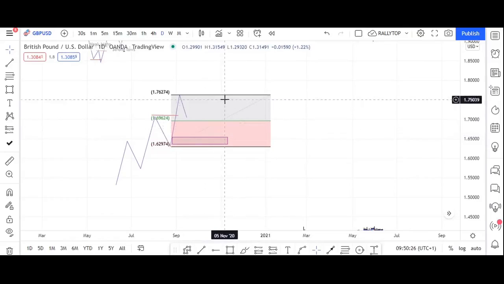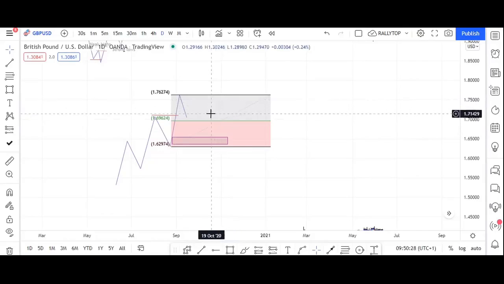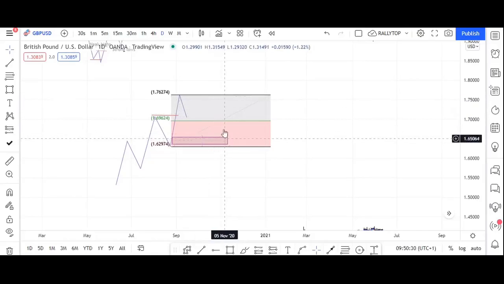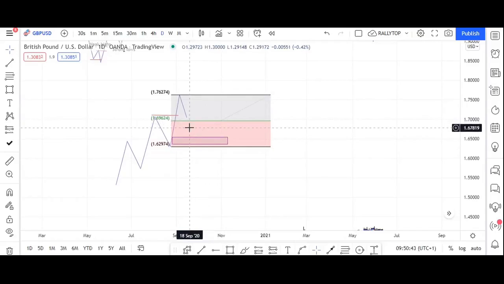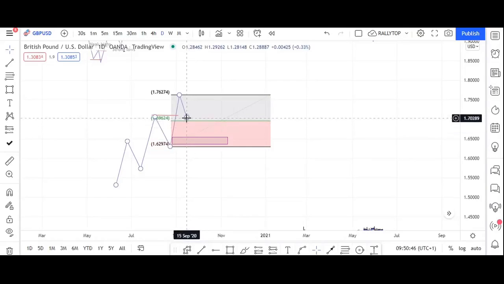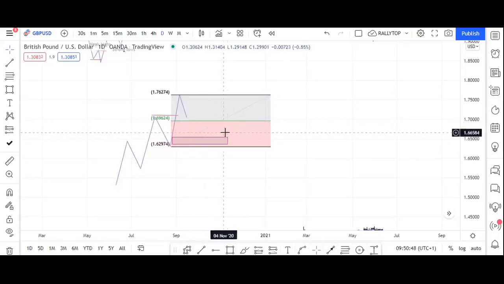Now, once you have identified your trading range and you have gotten your 50% fib level, you wait for price to break down through your 50% fib level because you want to buy. So you want to wait for price to come down into your discount zone in the case of an uptrend.